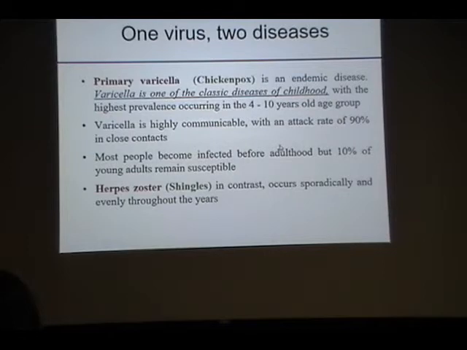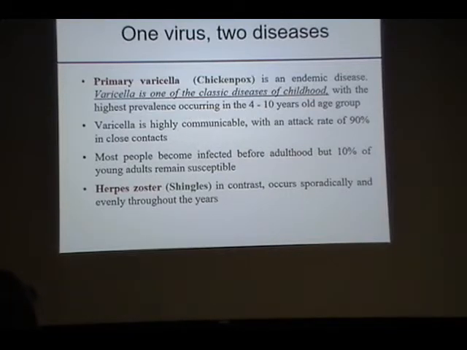And as I mentioned, this is an alpha herpes virus, and once you get infected and recover from the chickenpox, eventually the virus will travel to your brain and have a little infection.